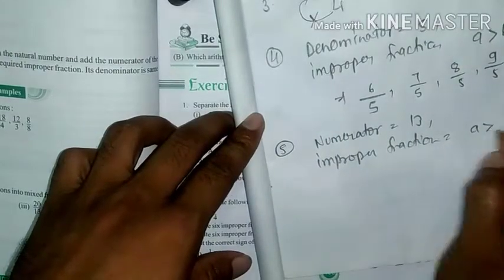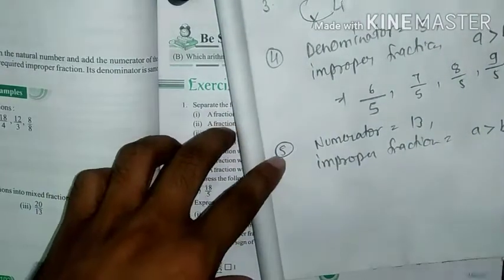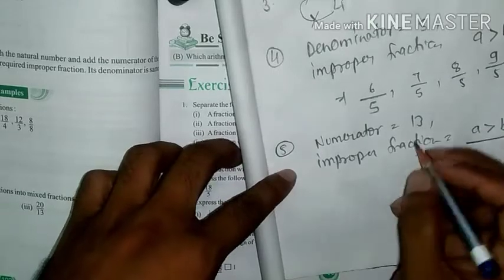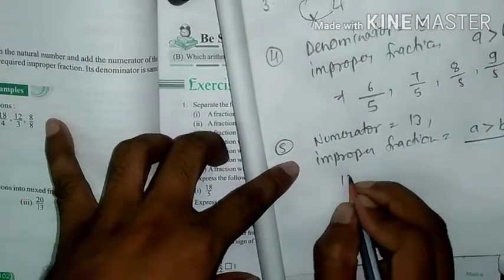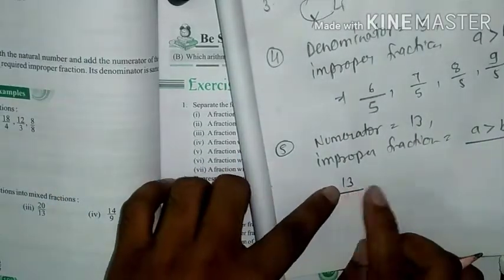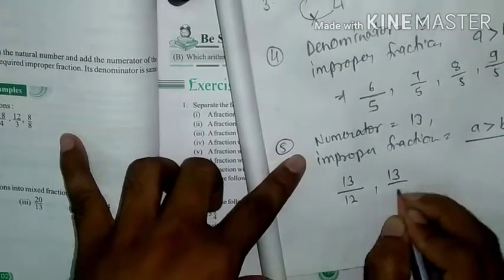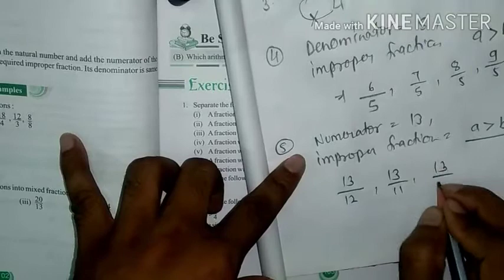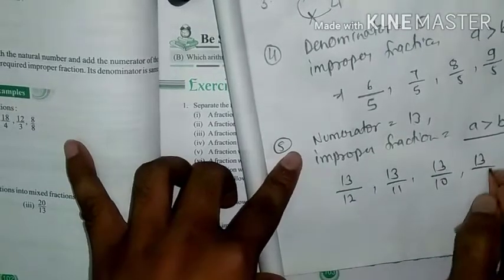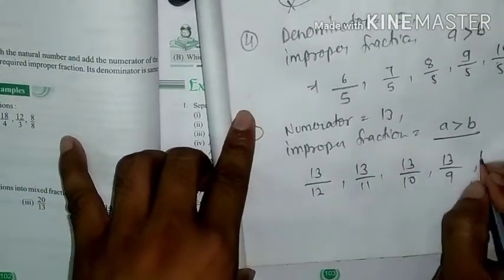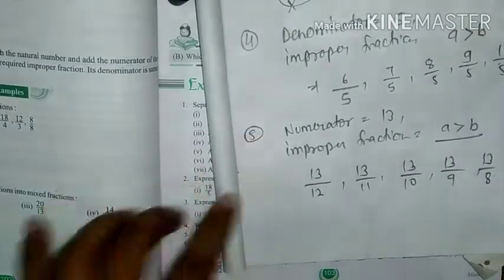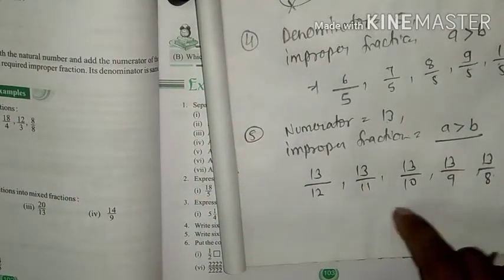A is greater than b, so we will apply this condition. First we write the numerator value 13, then smaller numbers than 13 as denominators: 13 by 12, 13 by 11, 13 by 10, 13 by 9, 13 by 8. All these types of fractions are known as improper fractions.